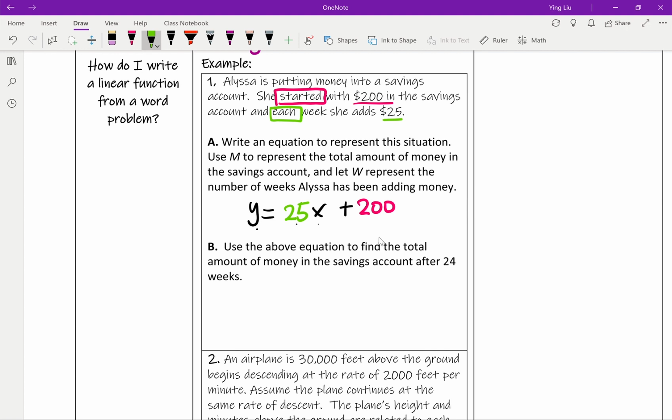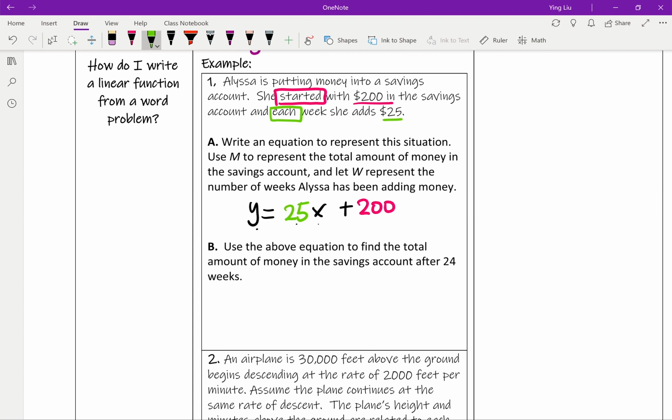And then part A also says to represent the situation, we'll use M to represent the total amount of money in her savings account. Now, because the total amount of money is our output, it's dependent on how long she puts the money in.